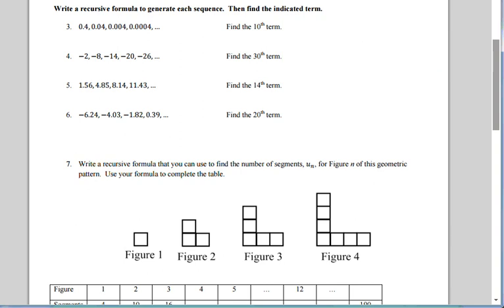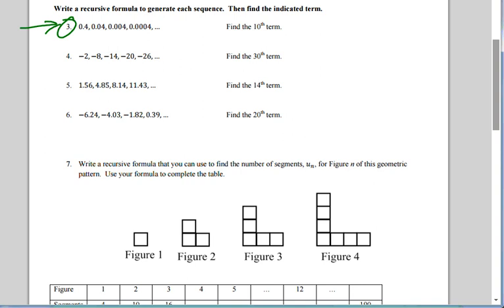Let's do one of these. Let's grab something easy here. Number 3. What is our first term in our formula and all that fun stuff? Just going to do one of these, and then I'll give you some work time.